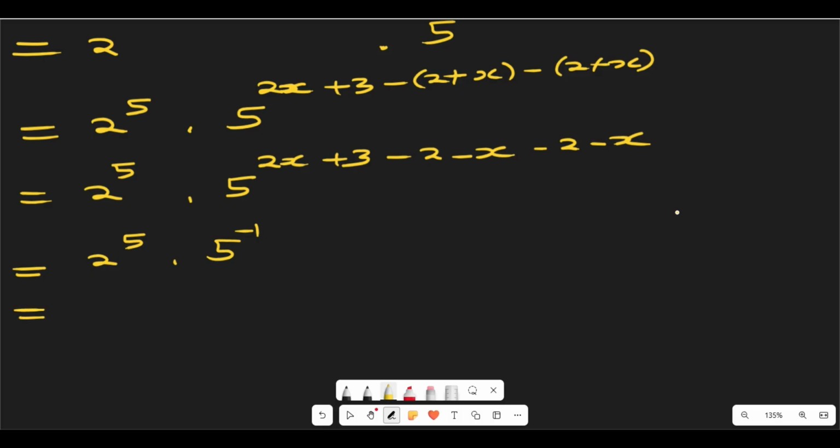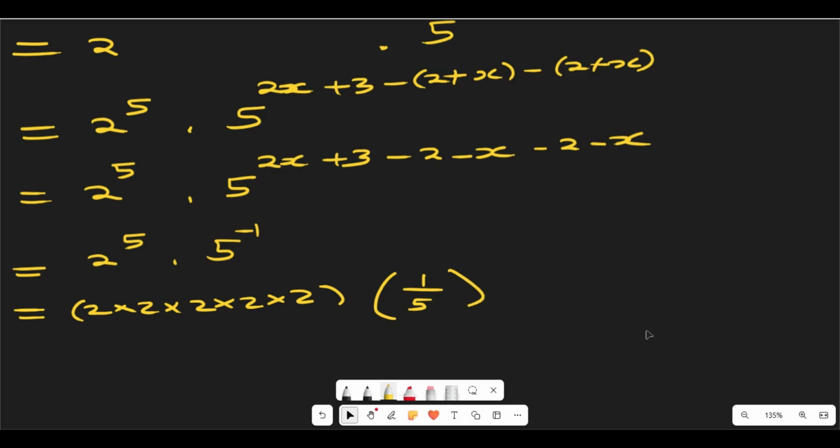So 2 to the power 5, this is how you carry it, because you're not supposed to use a calculator. 2 to the power 5 means 2 times 2 times 2 times 2 times 2, and you count them: 1, 2, 3, 4, 5. And then 5 to the power negative 1 is the same as 1 over 5.